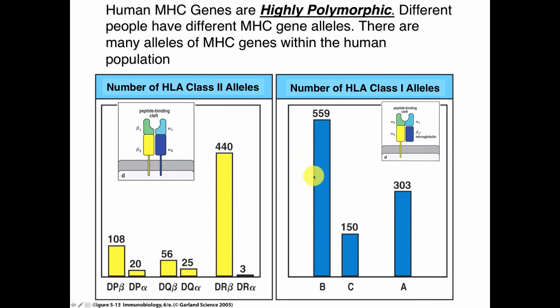But this is just to give you a rough idea that the different genes that encode these different MHC class I proteins are very variable in the population. So there are approximately 559 HLA-B alleles, or flavors of this protein, in the human population.